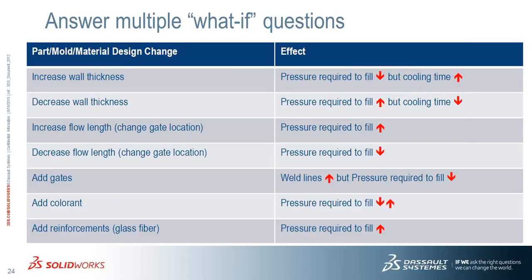Questions like, hey, what's going to happen if I increase the wall thickness? Questions like, how do I decrease my flow length in the simulation, and what's the optimal or ideal flow length? And all these questions are answered just by going back to the model and changing one or two different things, as opposed to setting up the entire study or setting up the entire project every single time.